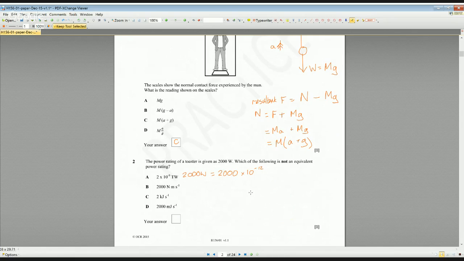Effectively we're dividing by 10 to the power of 12, which is the multiplier of the terawatts. So 2,000 watts is equivalent to 2,000 times 10 to the minus 12 terawatts, which we can simplify to 2 times 10 to the power of minus 9 terawatts. So that's correct, so A is equivalent. We're looking for the one that's not.